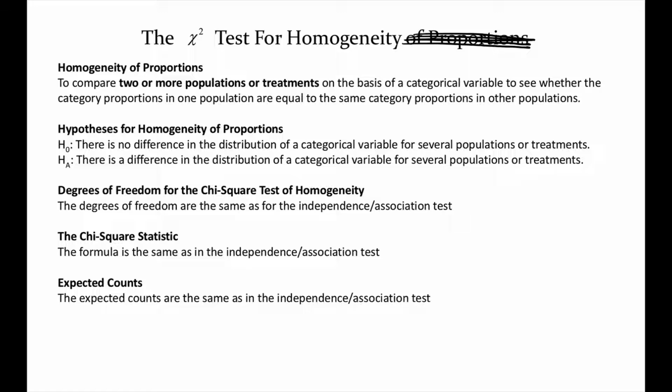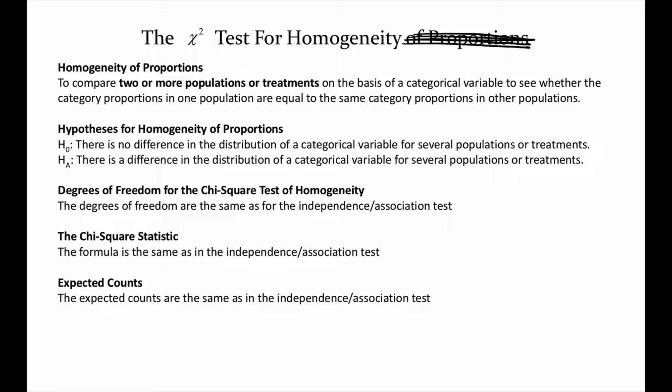Well, it compares two or more populations. You can do two populations, or multiple populations or treatments, on the basis of a categorical variable, to see whether the categorical proportions in one population are equal to the same category proportions in another.